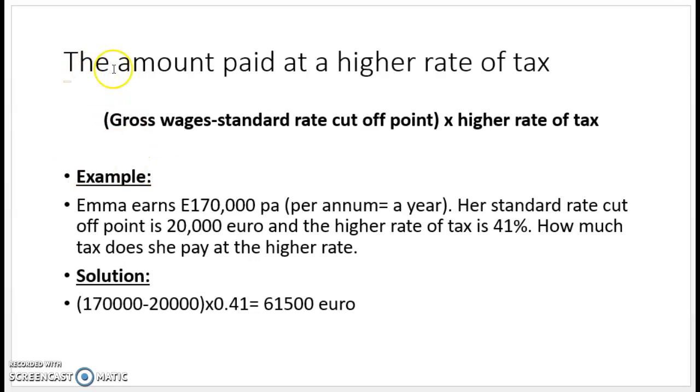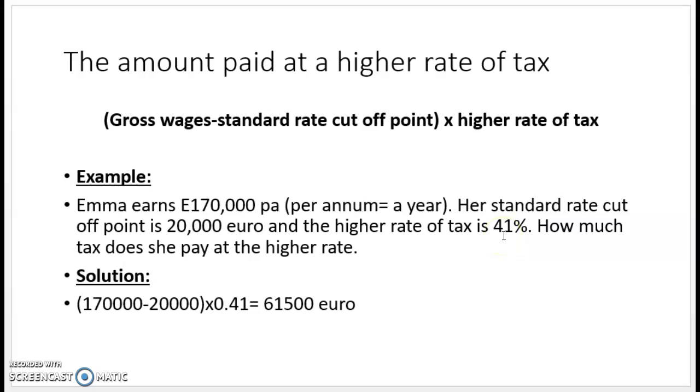Then, if you want to work out the amount paid at the higher rate of tax, you take your gross wages, take away your standard rate cut-off point, and multiply the answer by the higher rate of tax. So here, Emma again earns €170,000 per annum, same question. Her standard rate cut-off point is €20,000 and her higher rate of tax is 41%.